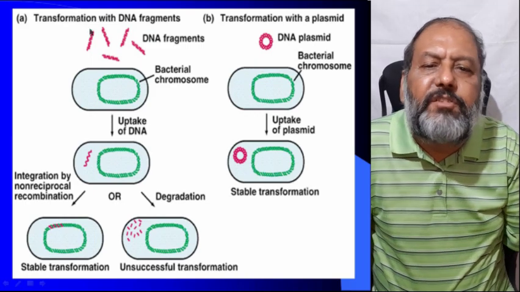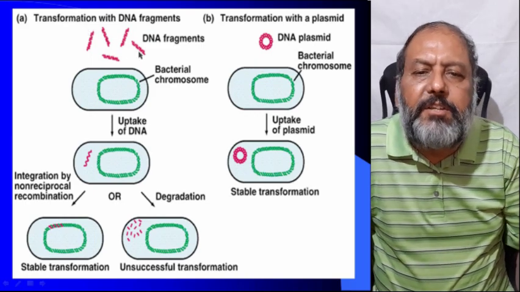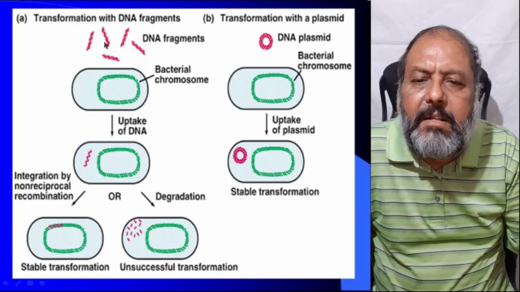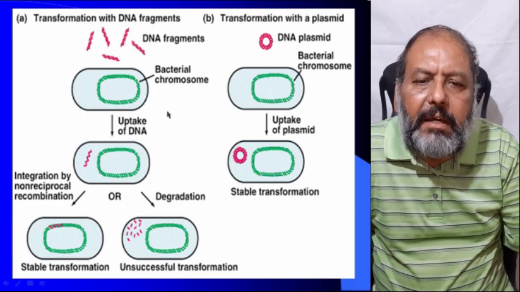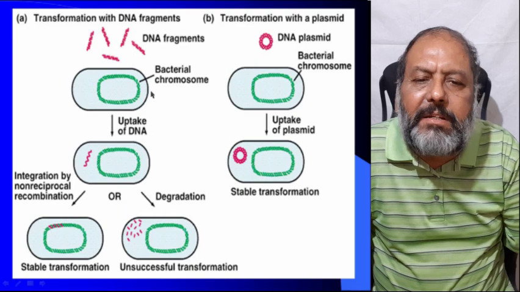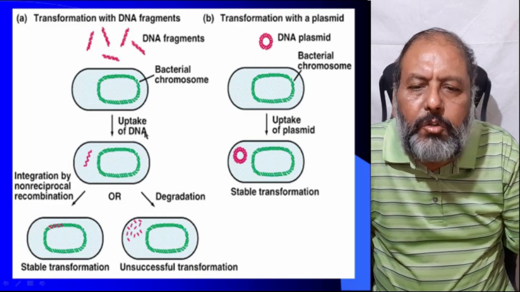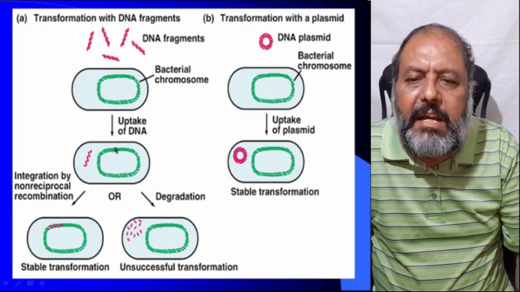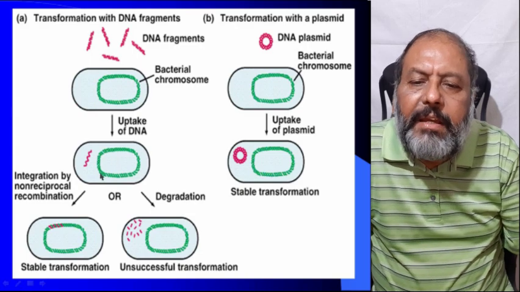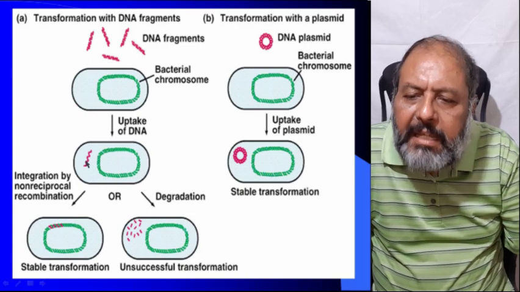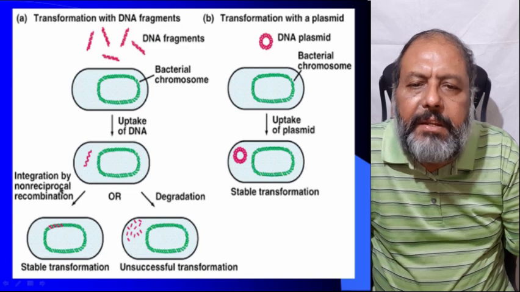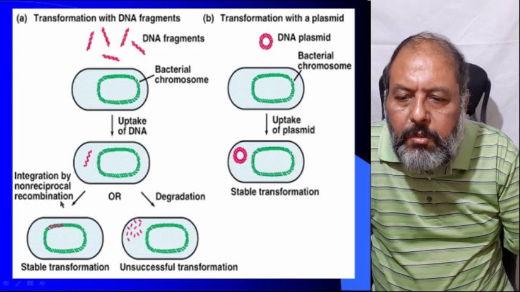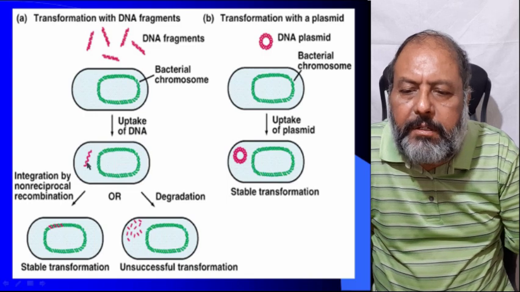Here one can see the transformation. The DNA fragments of the dead or lysed bacteria, in red, are lying here, and the competent bacterium having the chromosome takes up these naked DNA fragments, with integration by non-reciprocal recombination.